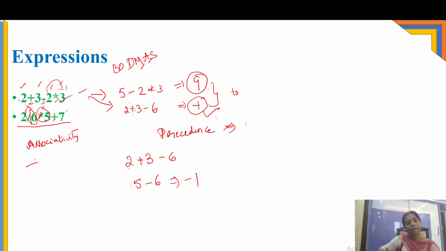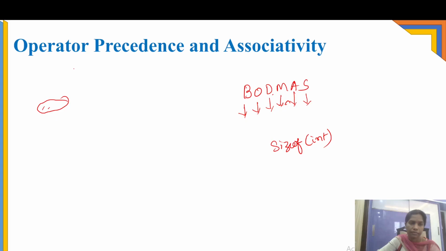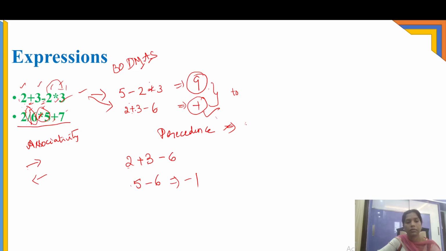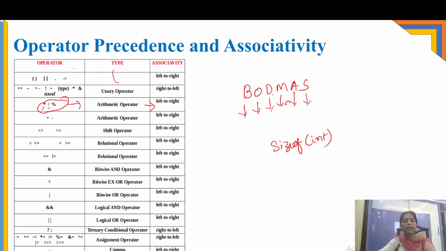So either left to right or right to left. Associativity means from which side the expression must be evaluated. See this, left to right. So first 2 by 6 will be evaluated, then into 5 will be evaluated. Okay, this is called precedence and associativity.